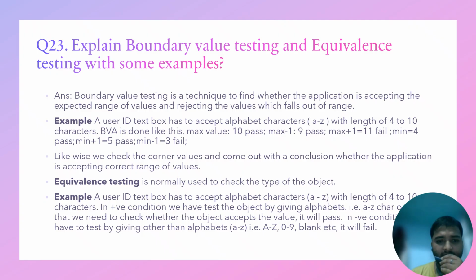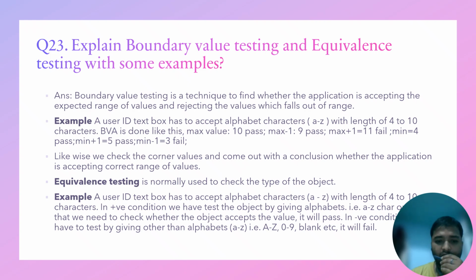Example: a user ID text box has to accept alphabetic characters A to Z with a length of 4 to 10 characters. BVA is done like this: max value 10 pass, max minus 1 equal to 9 pass, and max plus 1 equal to 11 fail, min 4 pass, min plus 1 equal to 5 pass, min minus 1 equal to 3 fail. Likewise, we check the corner values and come to a conclusion whether the application is accepting the correct range of values.